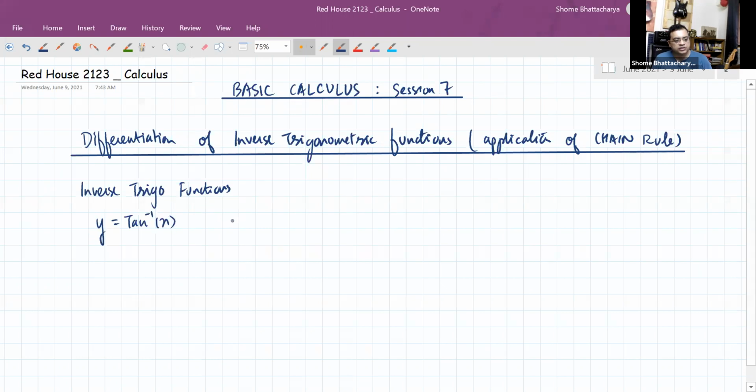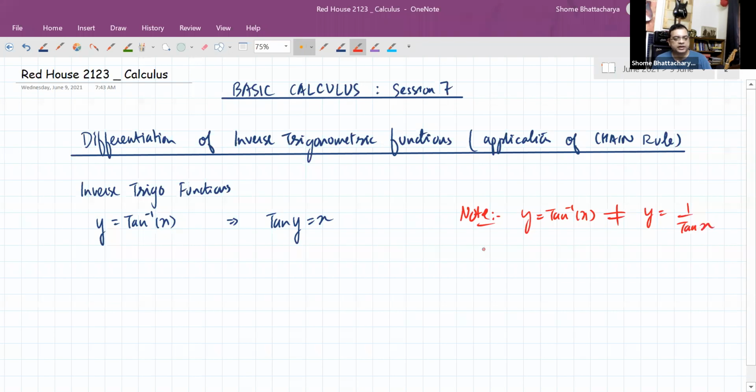This basically implies that x is equal to tan y. Or you can write it like this, that if we take tan on both sides, tan of y is equal to x. So please understand that y is equal to tan inverse x does not imply that y is equal to 1 by tan x.